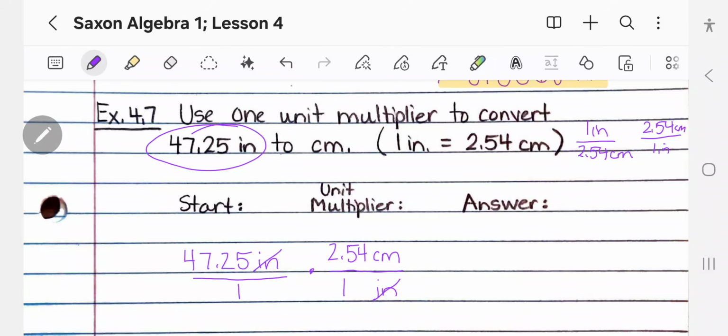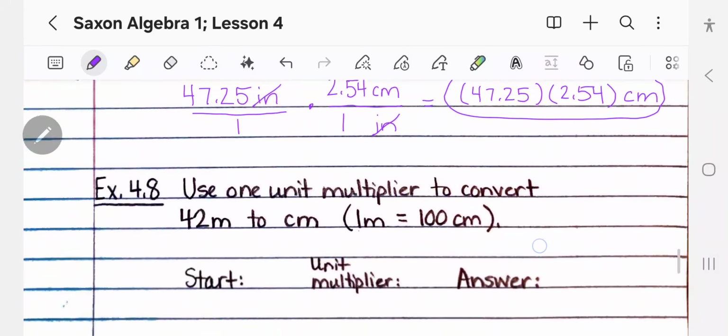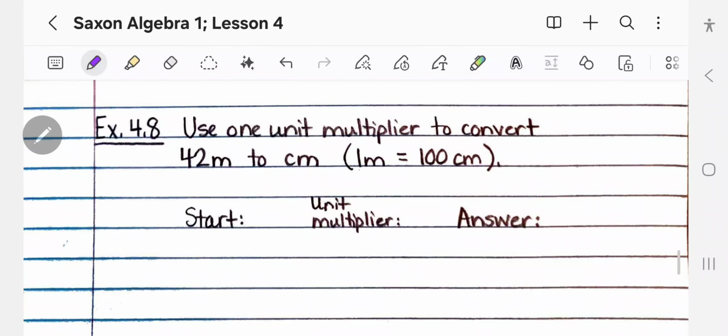And I believe, again, they did not multiply it out. They just wrote it as 47.25 times 2.54, and then your answer is centimeters. Okay? So you can look to see in the answer key, but I think that's what they're going to have you do in your homework as well.